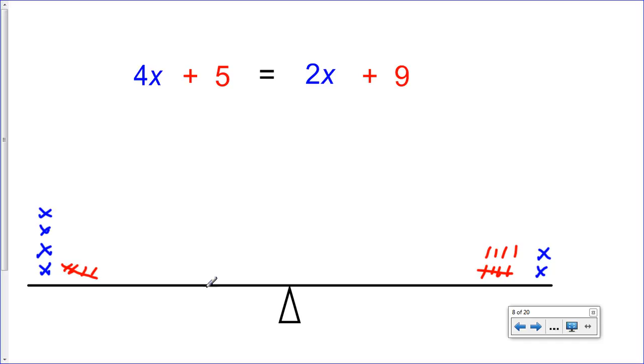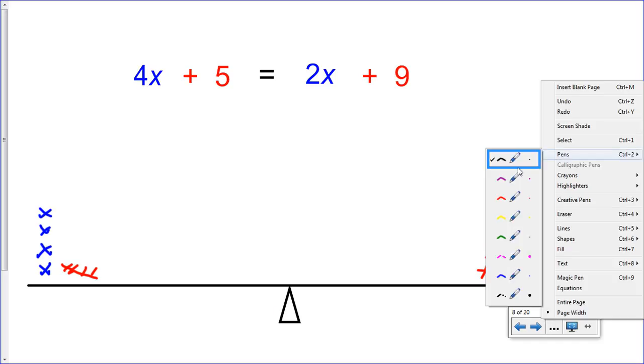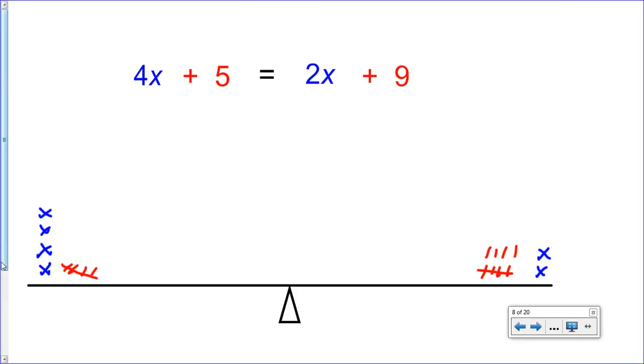Now we could have done this instead. We could have decided to cancel out these 4 positive x's. How would we do that? We'd have to add 4 negative x's. Negative x, negative x, negative x, negative x. Probably should have done that on the other side.